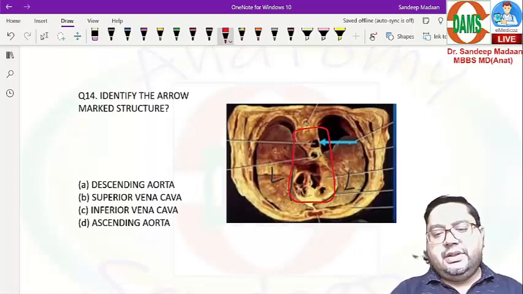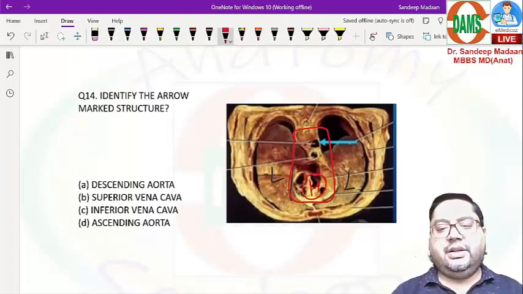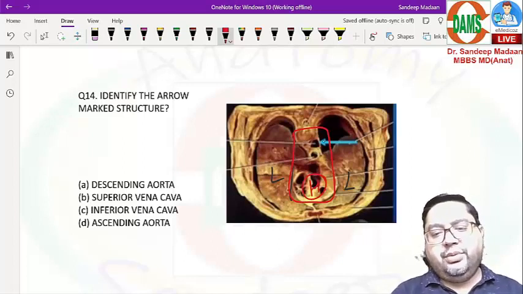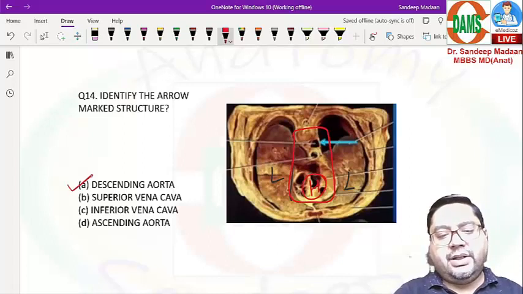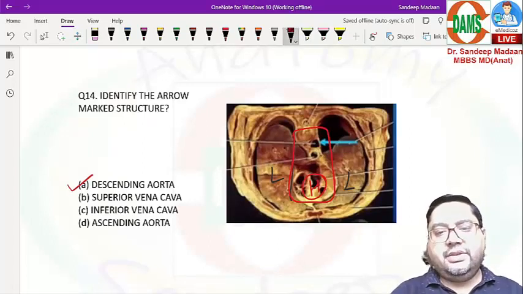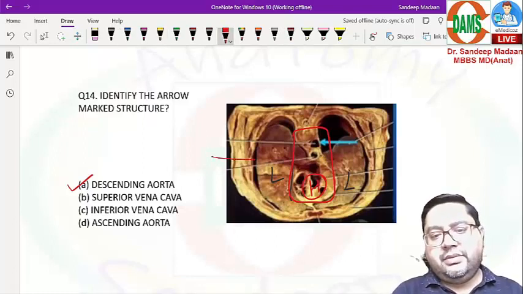This is the middle mediastinum where the heart is present, and we can see the chambers of the heart here. Behind, the blue color marking is the descending aorta. And the marking in between is the esophagus.